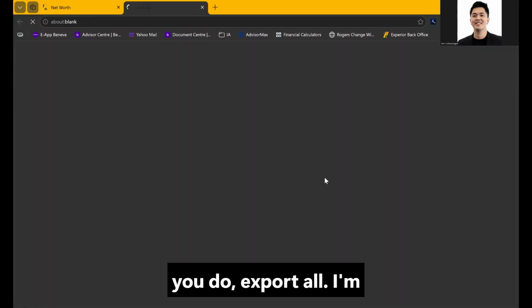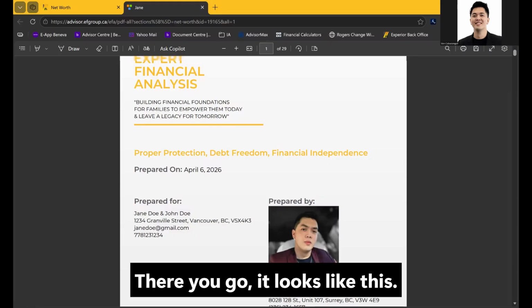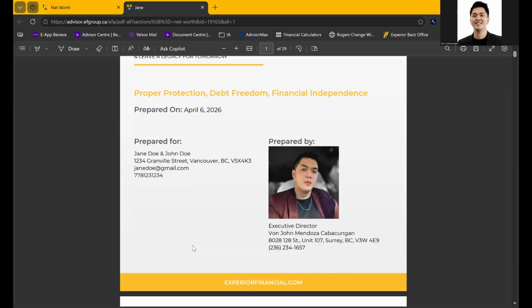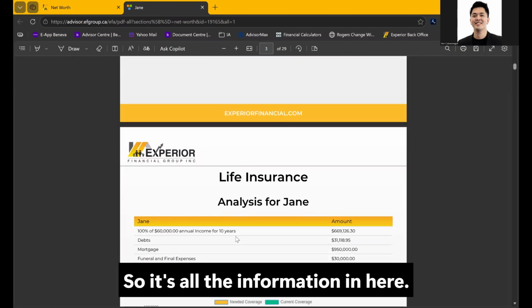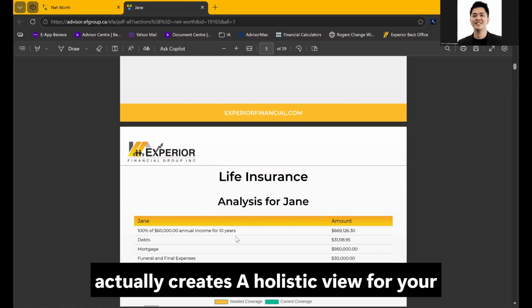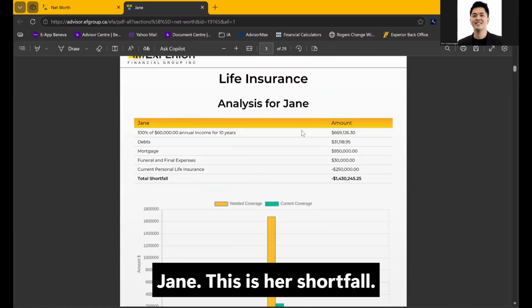Once you do export all, I'm going to quickly share the PDF. There you go. It looks like this. Prepared for Jane Doe and John Doe. So all the information is here. That's the good thing about the EFA. It actually creates a holistic view for your client. As we can see here, analysis for Jane.